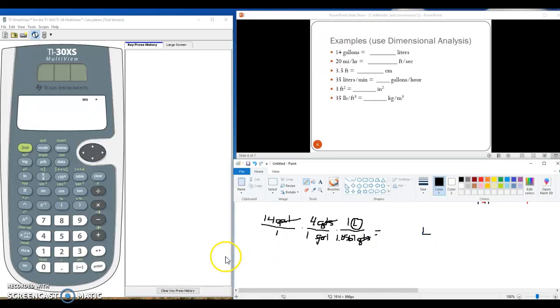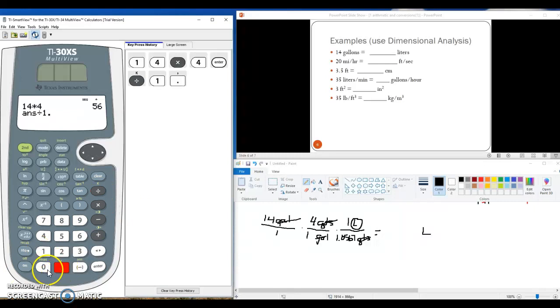So I'm ready to do the math. We're going to multiply straight across. So 14 times 4, hit enter. So the top of this would be 56. I can jot that down, but I don't really have to. I can keep going. On the denominator, 1 times 1.0567 will be 1.0567.